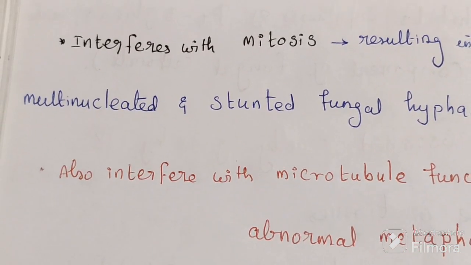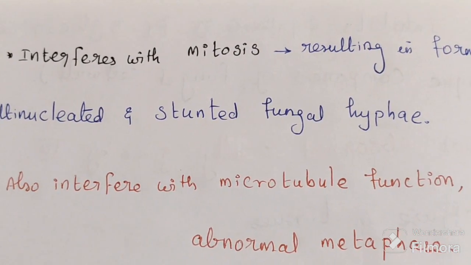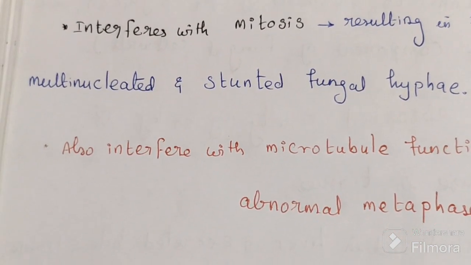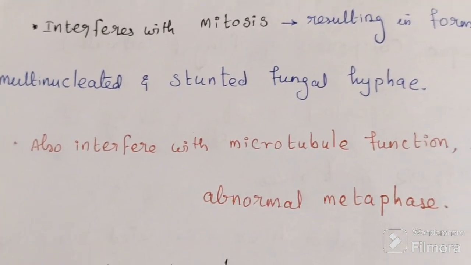Griseofulvin interferes with cell mitosis, resulting in formation of multinucleated and stunted fungal hyphae.